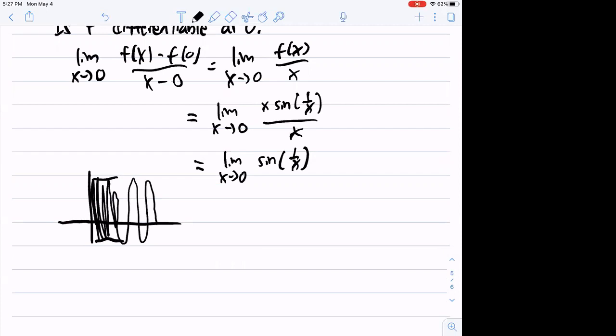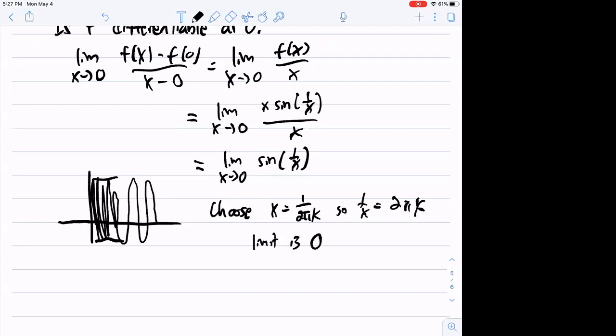If you choose x to be 1 over 2 pi k, then 1 over x is 2 pi k. In this case, it's all 0, so the limit is 0.